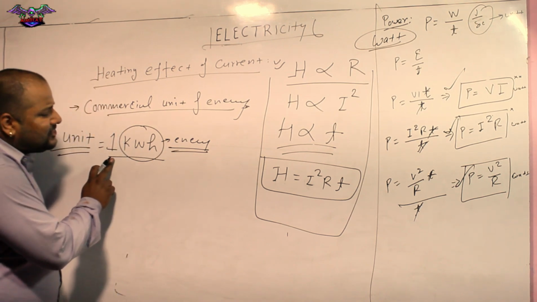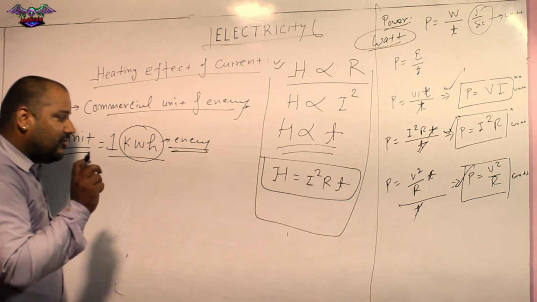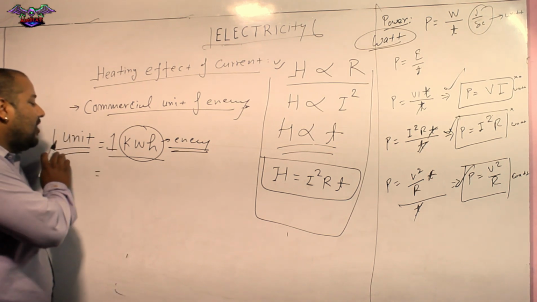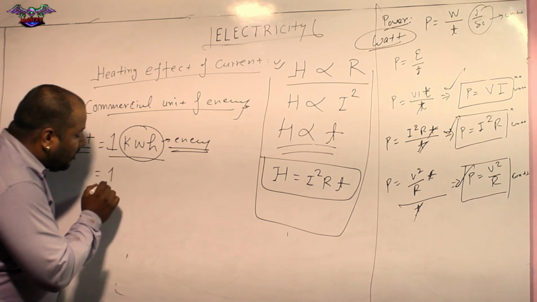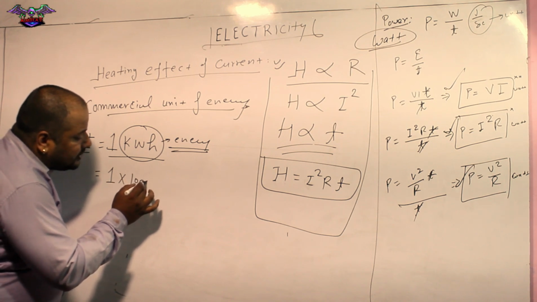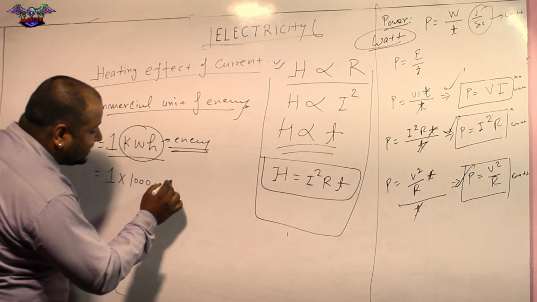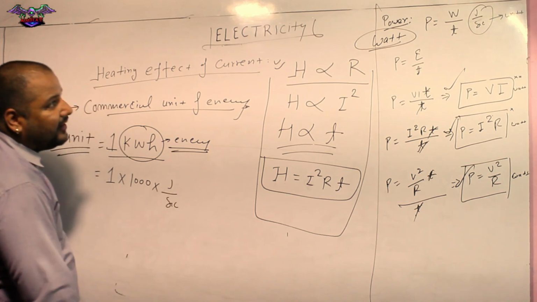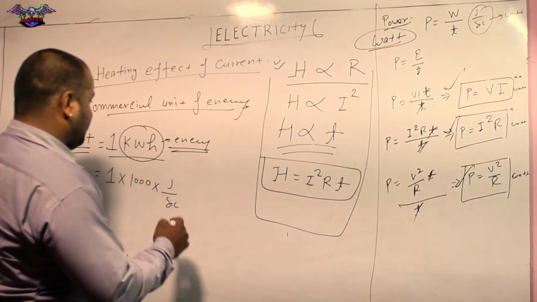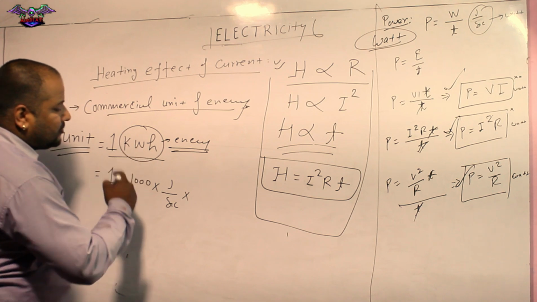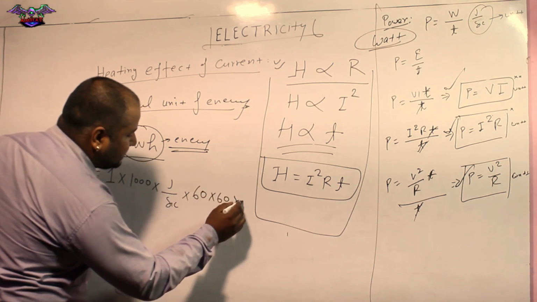So how much is 1 kilowatt hour of energy, or how much is 1 unit of energy? Same thing. So 1 kilowatt hour: kilo means 1000, watt is joule per second, right? And hour means 60 into 60 seconds.